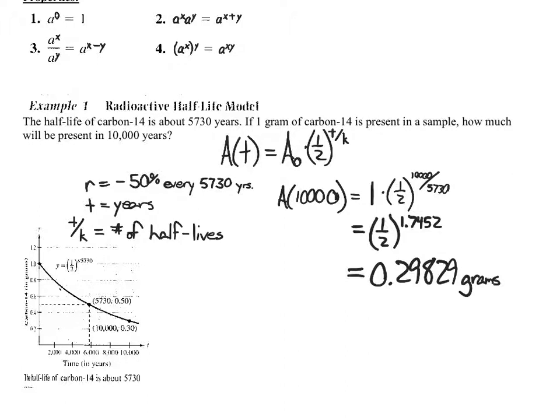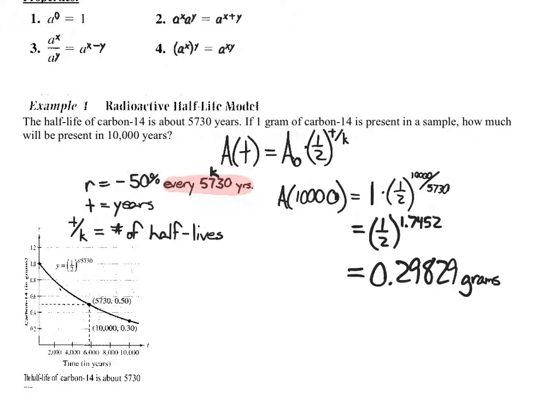Well, again, the whole reason why we do that is this is every K years. Okay? That right there, 5,730, is K. Our rate and our exponent in this exponential growth problem, our rate and our unit of time, have to be in the same units.